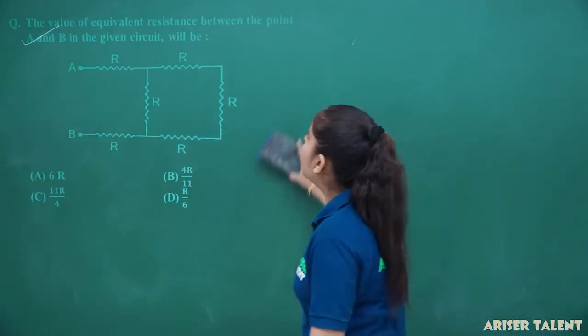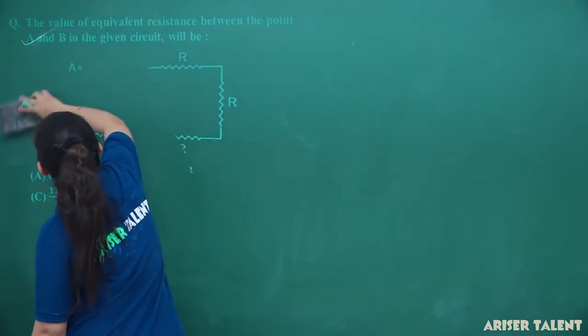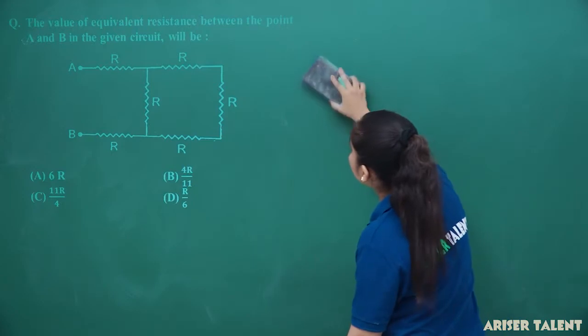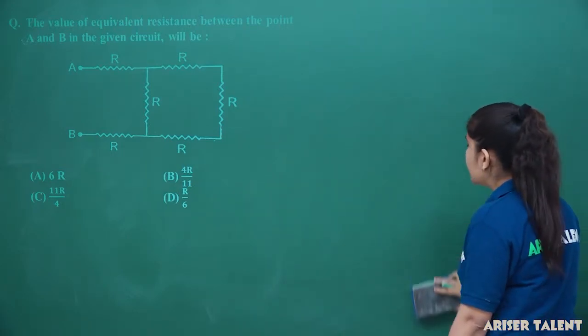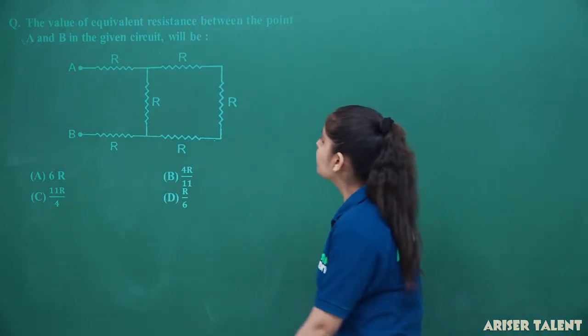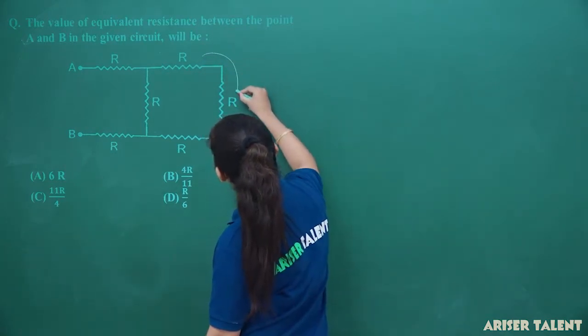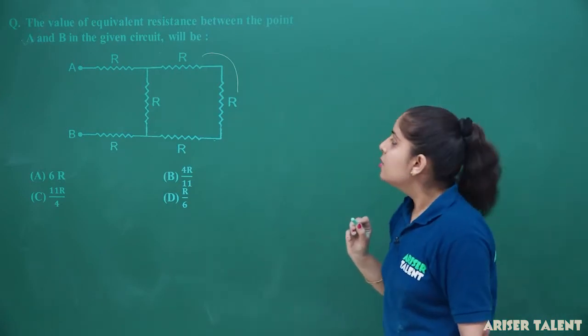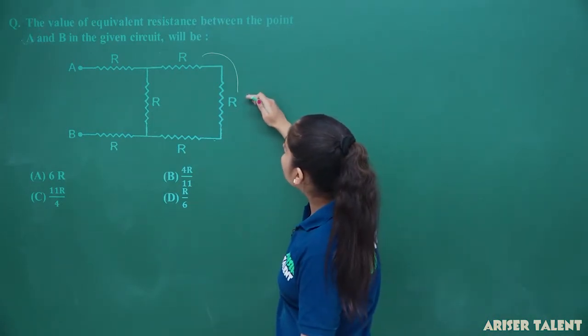Now let's move to the next part of the question we have. You have to determine the value of equivalent resistance between A and B. So this is again a combination of the resistances you have. Now these two resistances are in series, so it will be equal to 2R plus 2R.